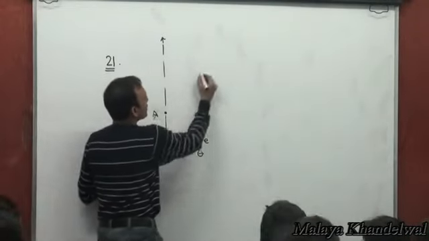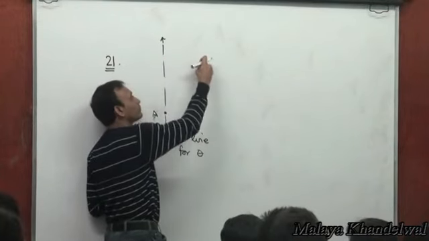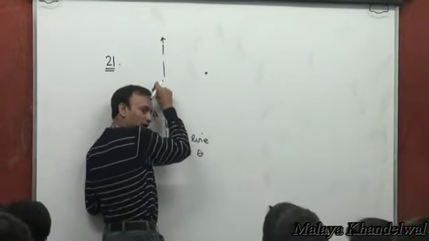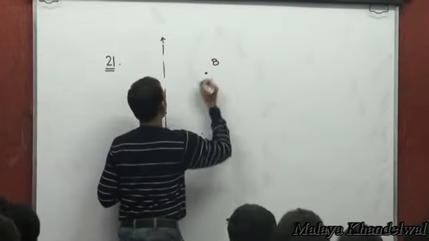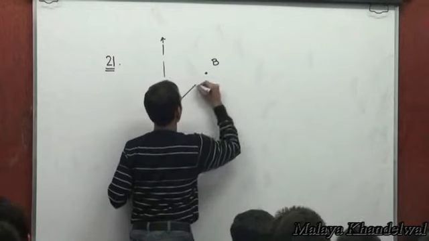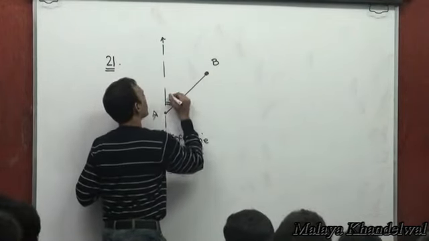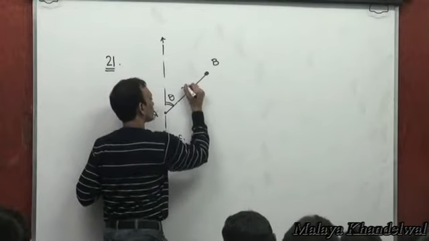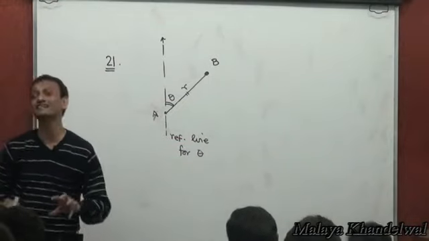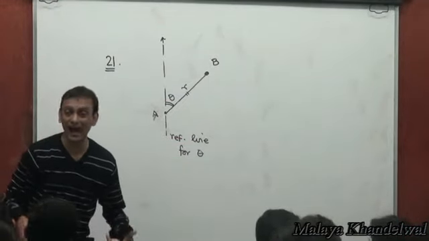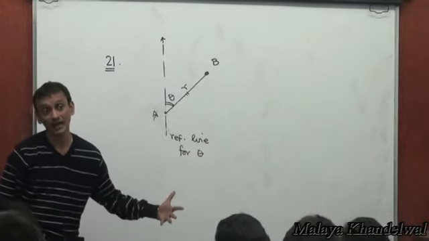B was originally here, the separation was L, and now after a while, let's say B comes down to this point, and AB is R. So I want to be able to connect R and theta, which is the trajectory of B as seen by A, right?